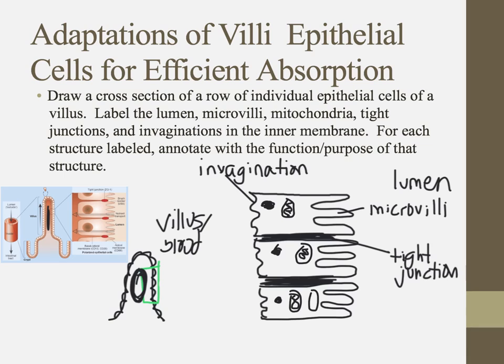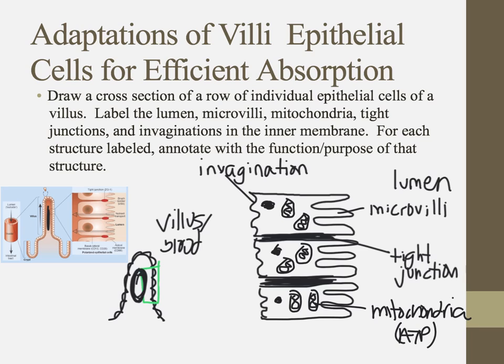They're going to be chock full of mitochondria, like a whole lot. All right, so by now you should know that mitochondria are the site of aerobic cell respiration. So if I have a lot of mitochondria, that must mean I'm doing a lot of aerobic cellular respiration because I need to produce a lot of ATP.